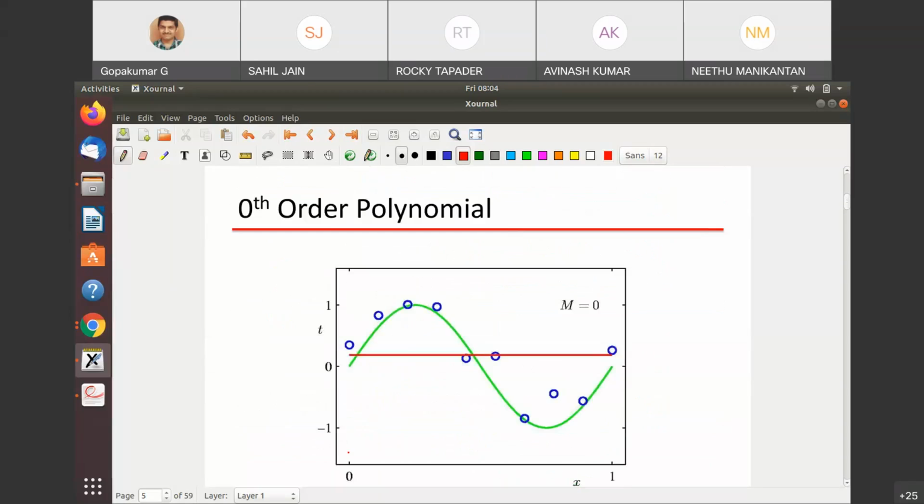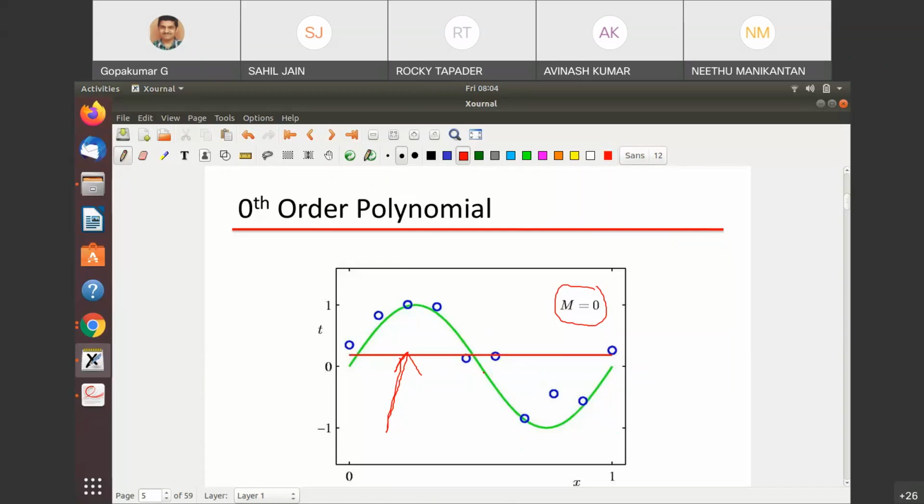And then we have seen the case of m is equal to 0, because when m is equal to 0 we don't have any polynomial, we have a constant value. So the red one is the curve that we fit, and what we are trying to achieve is the green curve. But it is very far from the original function that generated the blue points.